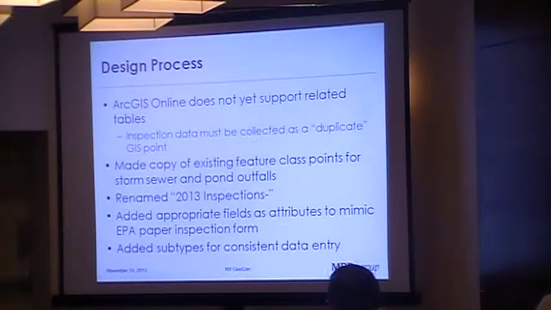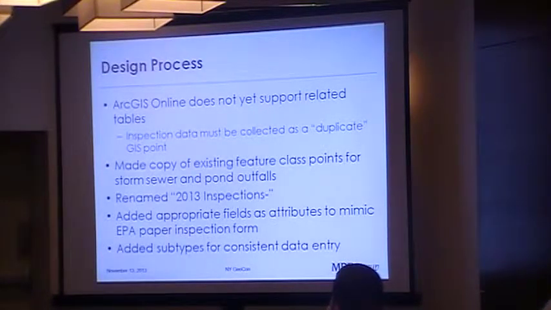So the design process. I'm sorry, I'm going through these really quick because we only have 20 minutes. ArcGIS Online does not yet support related tables, so your one-to-many relationship is out the window. The way we got around that was we made a duplicate copy of their stormwater outfall layer, called it 2013 inspections, and stored it in their geodatabase.